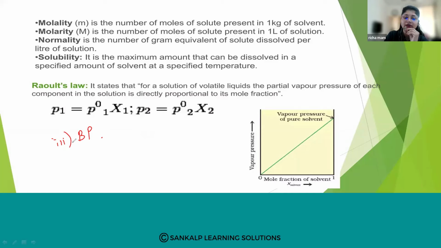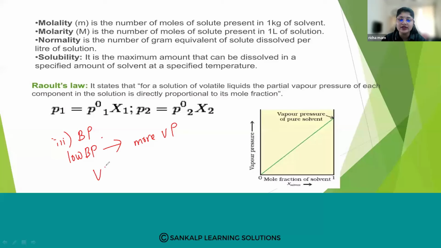So remember this: the liquid which has a lower boiling point has higher vapor pressure, because these liquids with lower boiling point can easily be converted into gaseous form. So lower boiling point creates more vapor pressure, because you can easily convert it into gas, and gas can be easily converted into vapor.